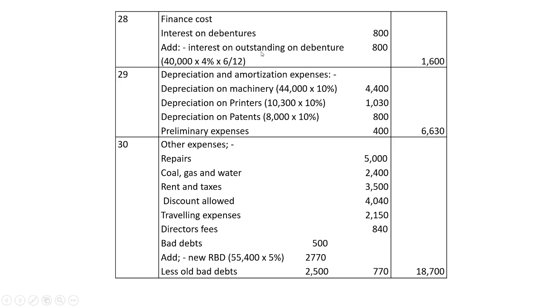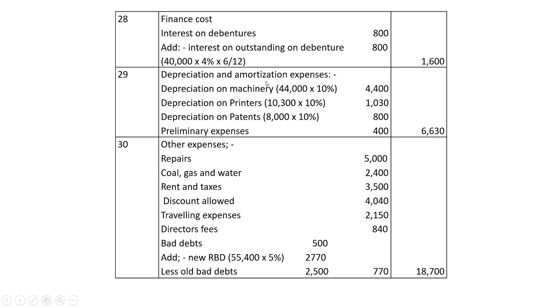And the remaining half year interest we have to calculate. Add interest outstanding on debentures. In this problem, 40,000 rupees is given. 40,000 into 4% into 6 divided by 12 gives 800 rupees. The total finance cost is 1,600.